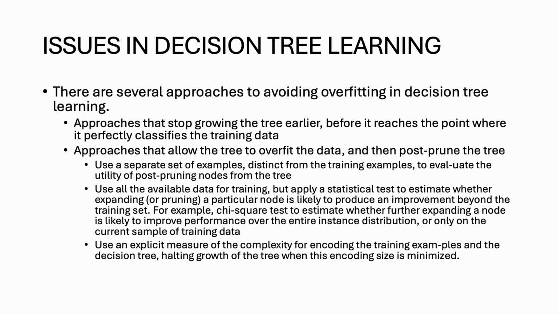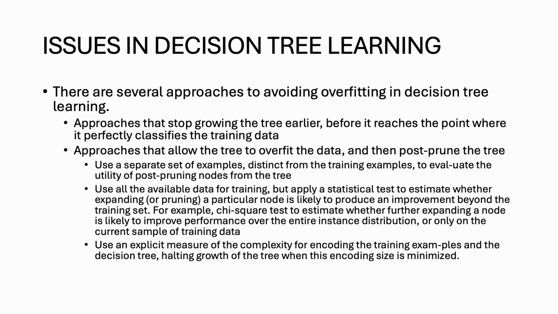There are also several approaches to avoid overfitting in decision tree learning. The first one is to stop growing the tree earlier, before it reaches the point where it perfectly classifies the training data. The second approach is to allow the tree to overfit the data and then post-prune the tree.